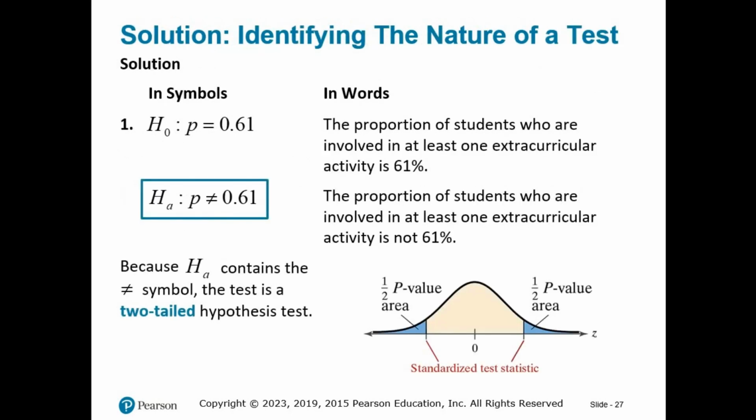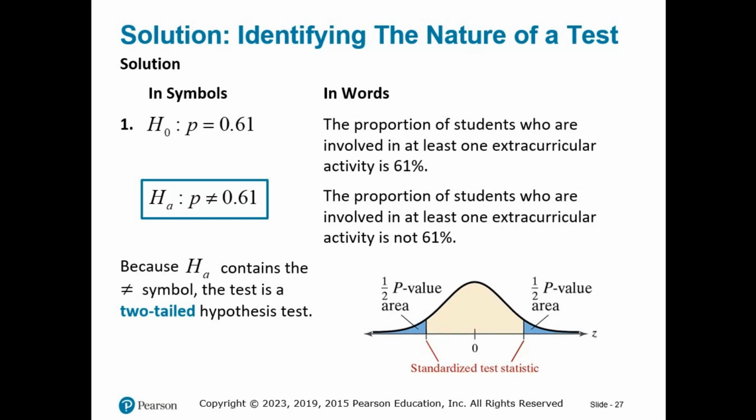If you said two-tailed, you are paying attention. Thank you. The alternative hypothesis drives the nature of this test, and its inequality symbol, not equal to, said this would need to be a two-tailed hypothesis test. So the shaded area representing the area of the p-value would lie to the left and right of the negative and positive standardized test statistic.